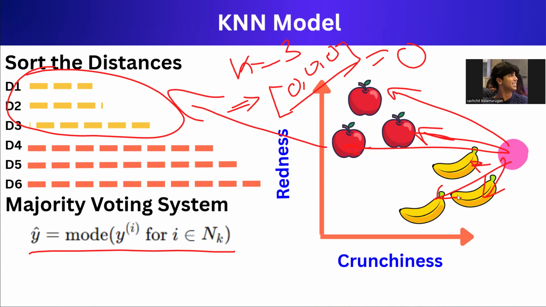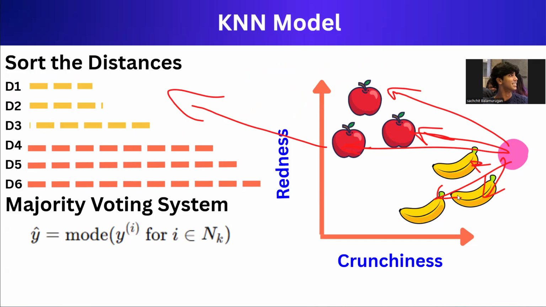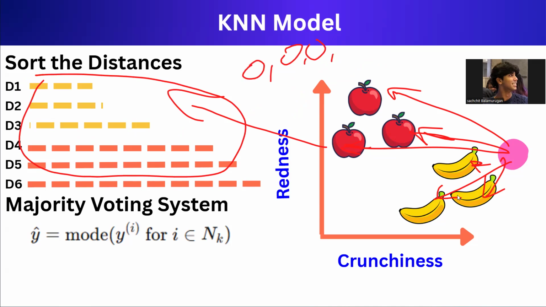Okay, let's say in another case, K is 5. Now we're taking these. Then we can create another table. 0, 0, 1, 1. Then we can calculate the mode of this. Well, it's still going to be bananas, right? Because that's 3 data points. So we have 0 as that.